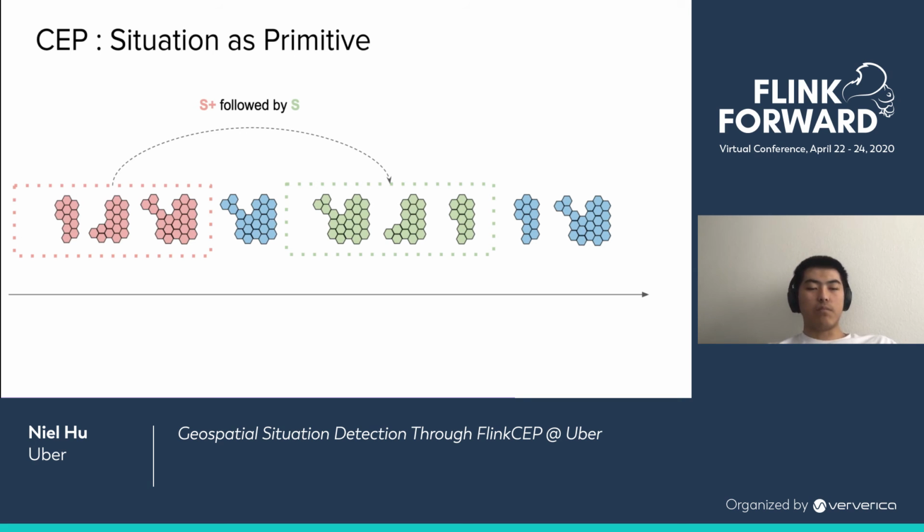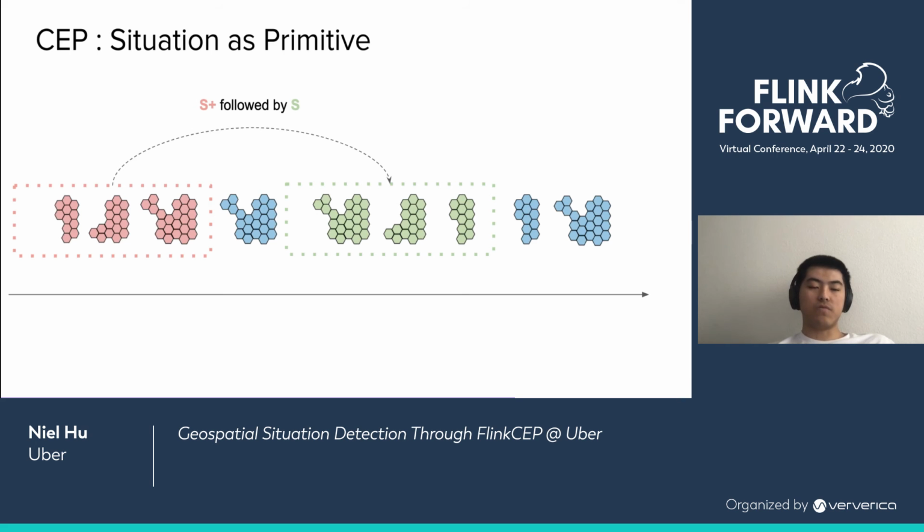For example, some situation that happens in the morning in the downtown area may correlate with or cause some situation that happens in the suburb in the afternoon. We want to see those correlations, and this is easy to implement by applying complex event processing on situation events.